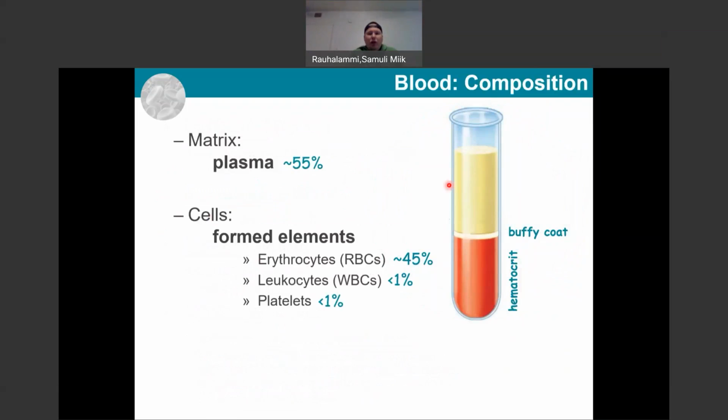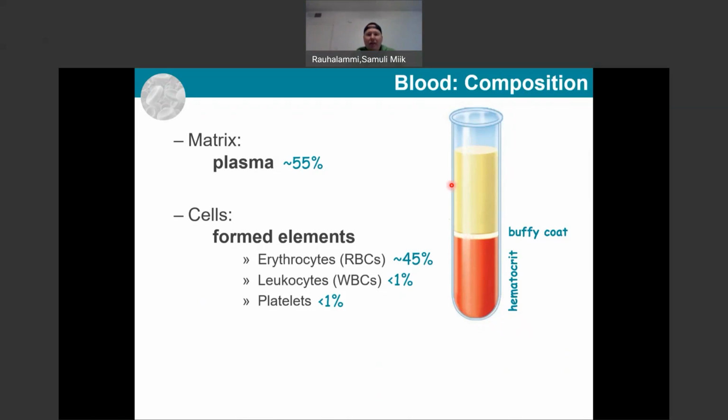Like I said, we can draw the blood sample. Here we have a test tube where we've drawn the blood sample, and then we put it in the centrifuge where it has spun really fast, and the spinning motion has separated different elements to different parts of the tube based on their weight.